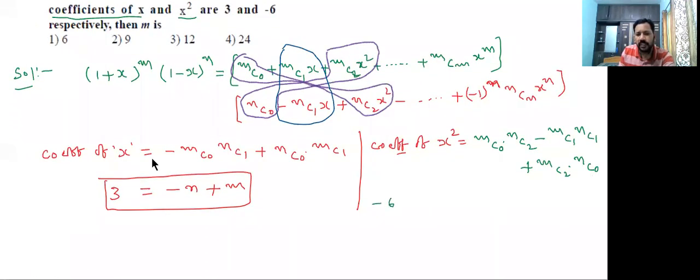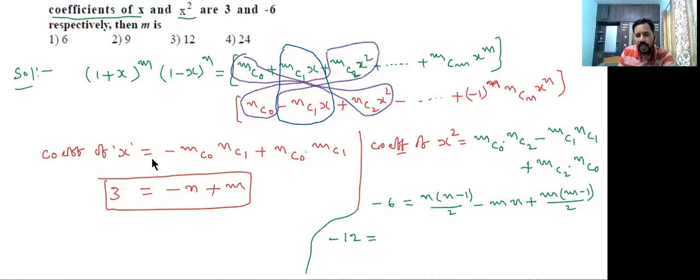Minus 6 is equal to mC0 value is 1, nC2 means n into n minus 1 by 2, minus mC1 m, nC1 n, plus mC2, m into m minus 1 by 1 into 2, that is 2. nC0 value is 1. Now take the LCM of the denominator, send it to the left hand side, you will get minus 12.